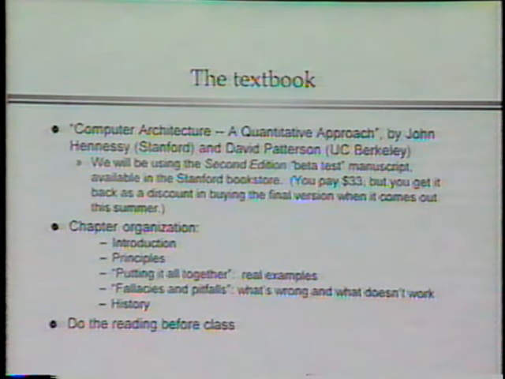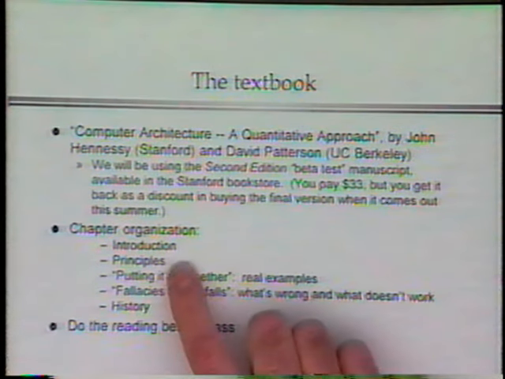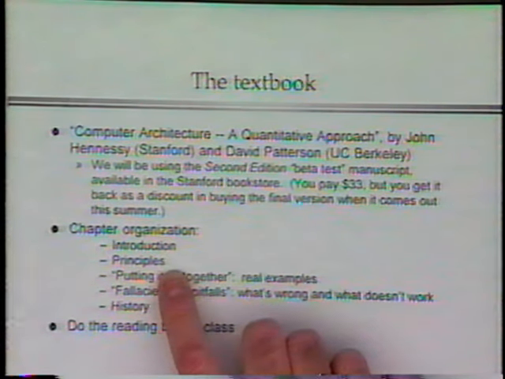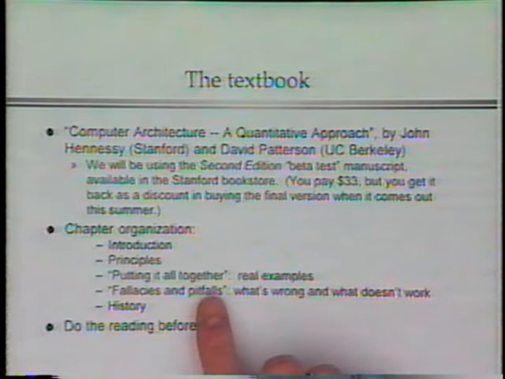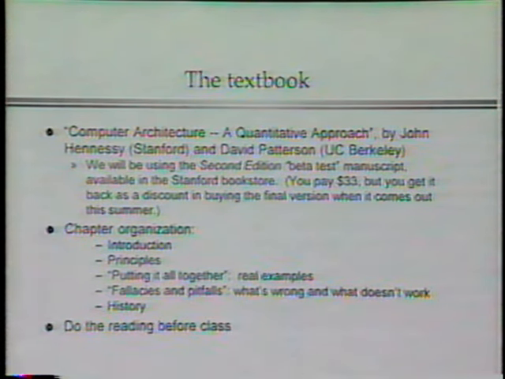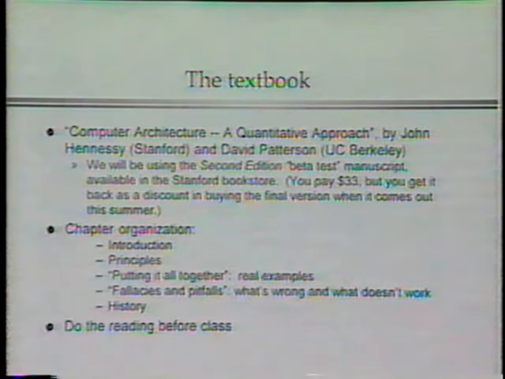The book itself has a regular structure for each chapter, where they have an introduction, then they talk about the principles. Toward the end, they have a couple of interesting sections. One is a putting it all together section that gives you real examples and tries to evaluate real processors, and they talk about chips and manufacturers and computers, and it's not just theoretical.